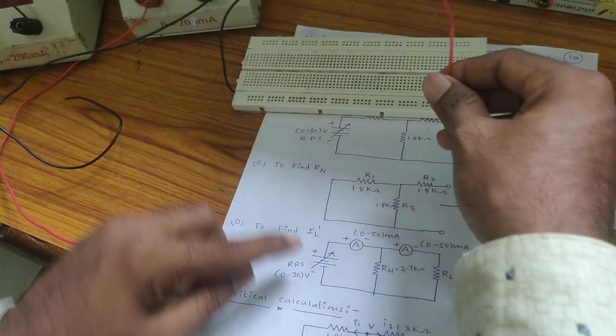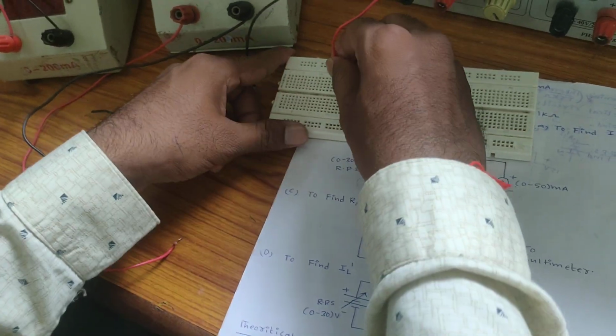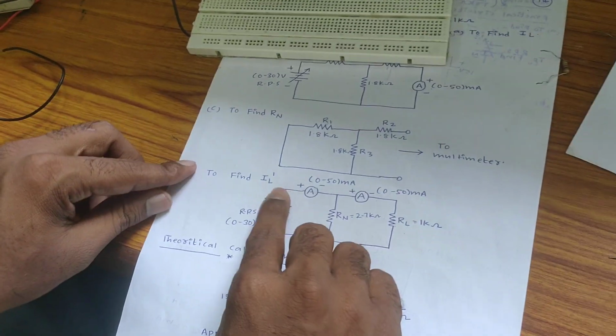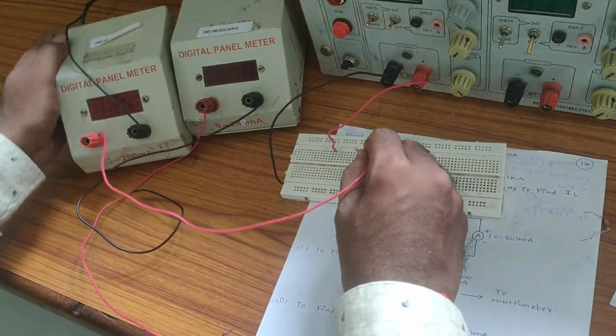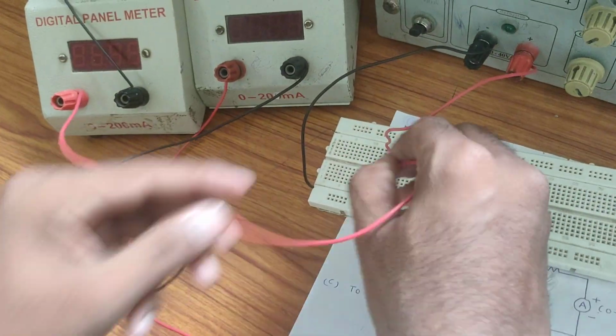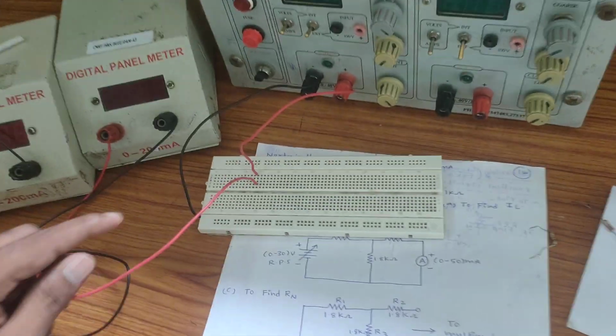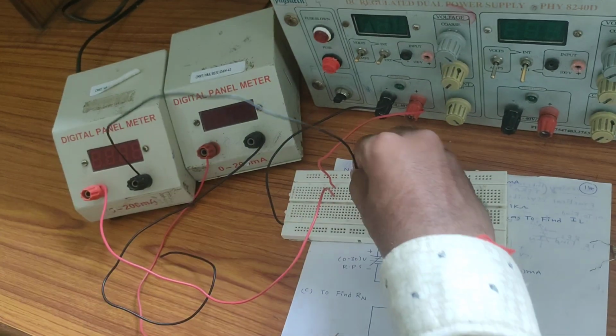Then see here, first RPS positive is connected at one point. At that point ammeter positive is connected. Next, ammeter negative is connected at another different point.